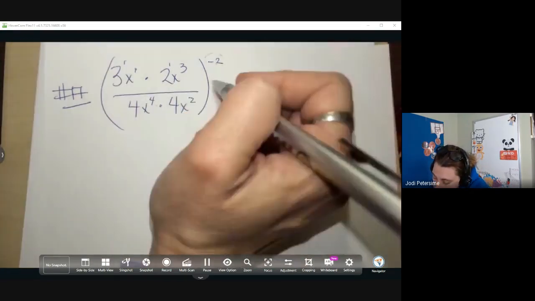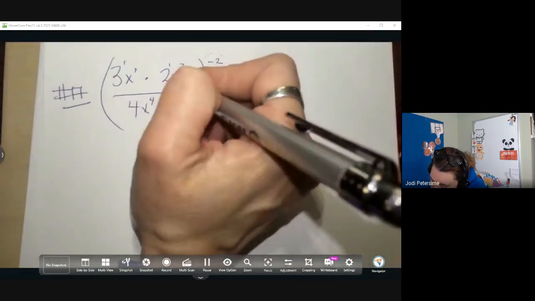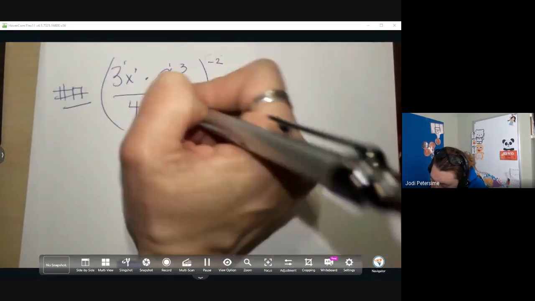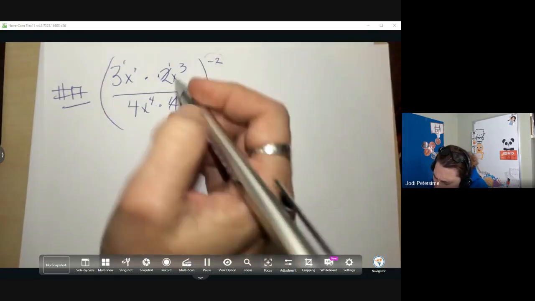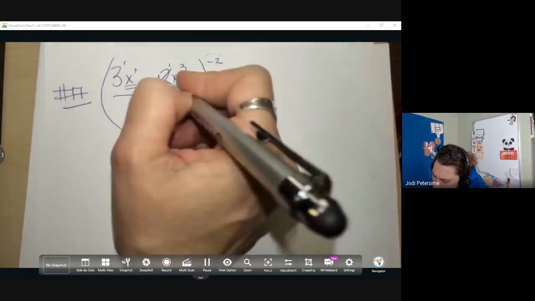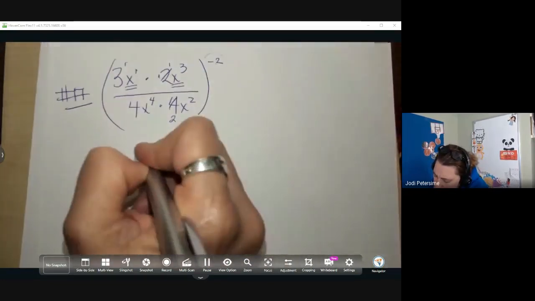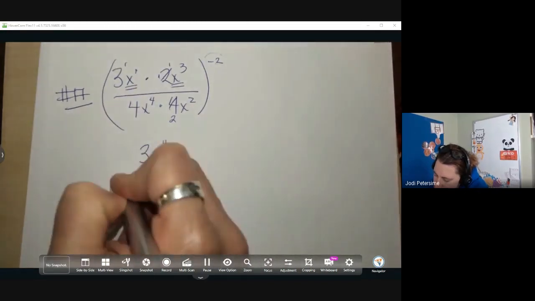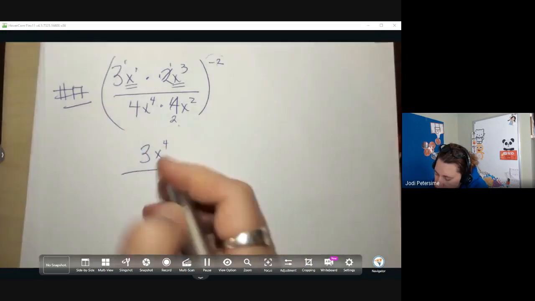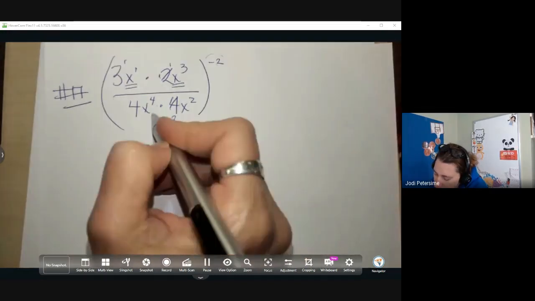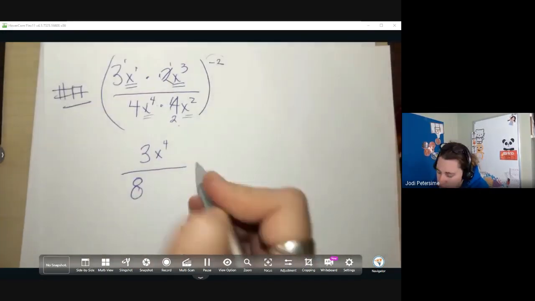So I think I'm going to cancel my 2 and my 4. Took care of my numbers now. Up top, I have a total of 4 x's, so I end up with 3x to the fourth. And down below, I have 4 times 2 is 8. And I have 4 x's and 2 x's gives me 6 x's.